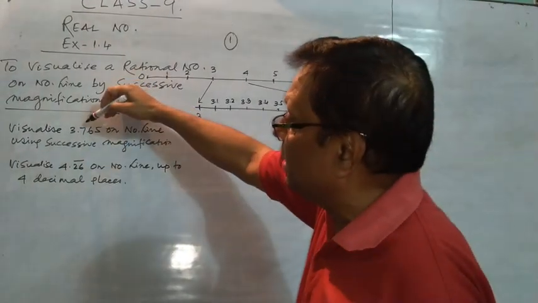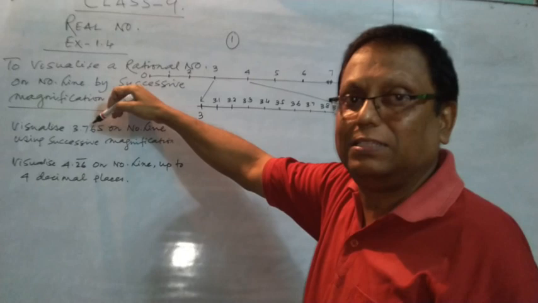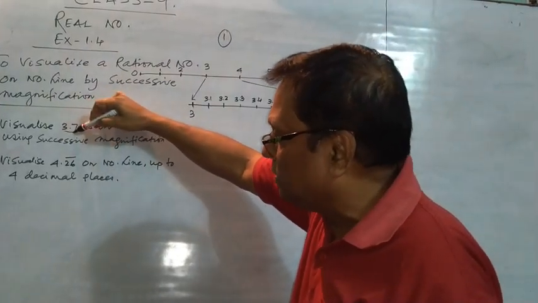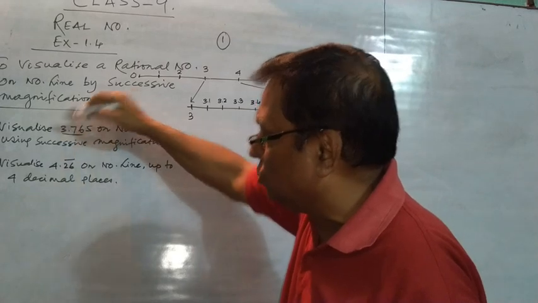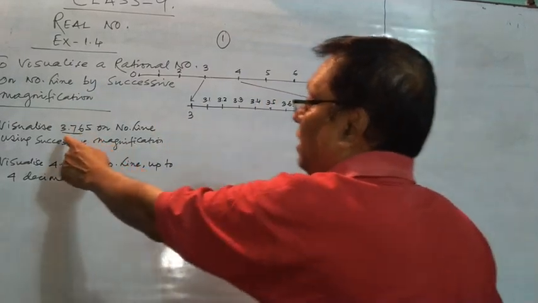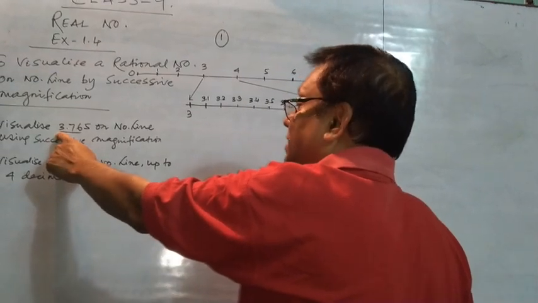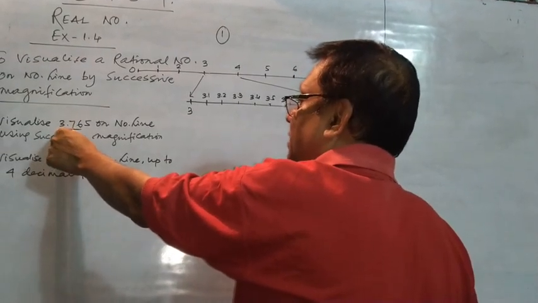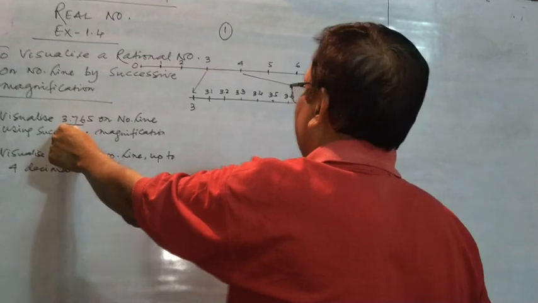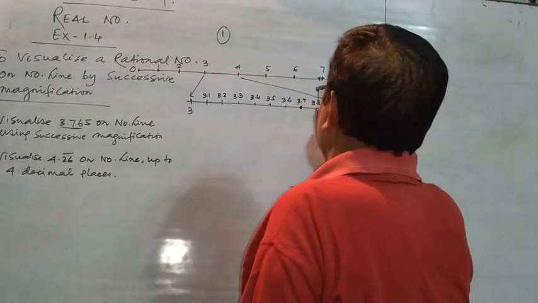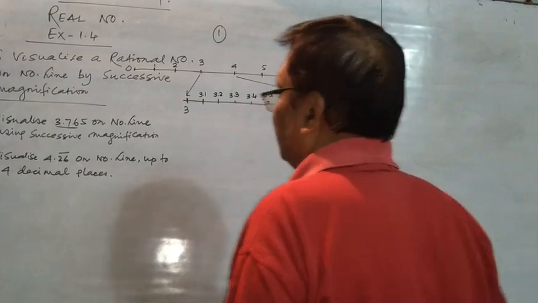Now take the second digit after the decimal, that is 6. So if you focus your attention on these two, this given number is more than 3.7 but it is less than 3.8. So 3.7 is here and this one is 3.8.